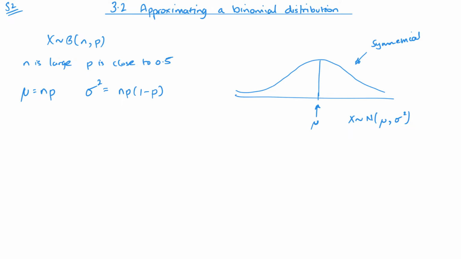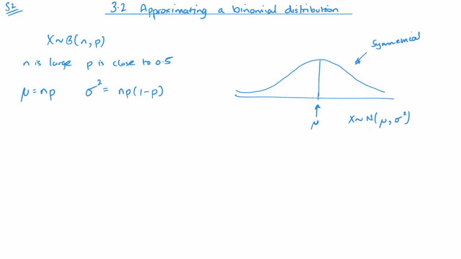Ultimately it's about p being close to a half. I've seen questions in the past, granted on some of the older papers, where the value of p is not really close to half, it might be like 0.3. So it is important to work out your np, your mean, and use that to help guide you.